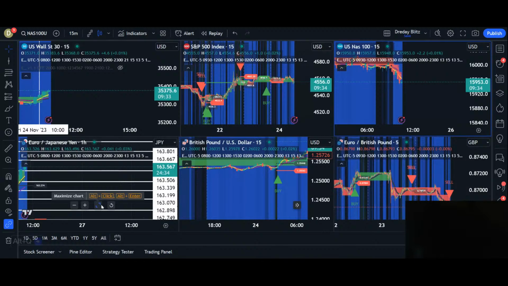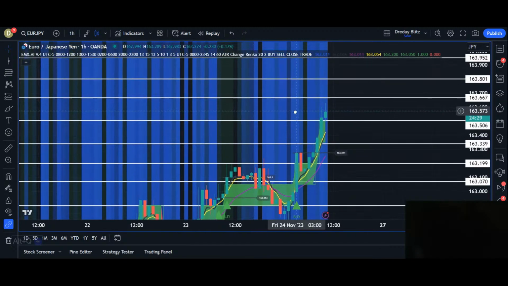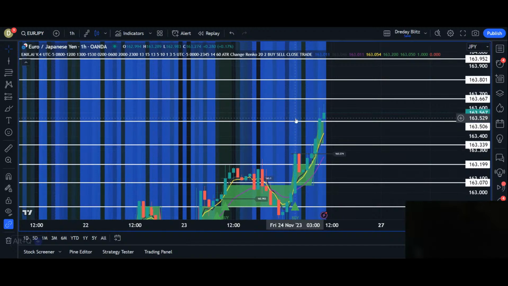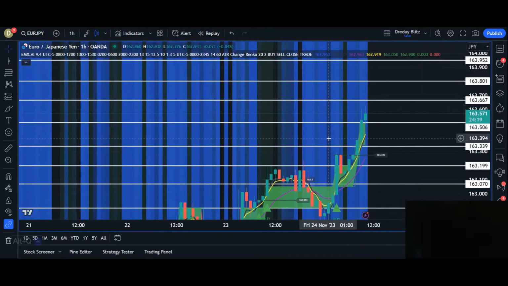I know Euro JPY is still running right now. So hopefully you secured some partial profit here based off of that entry.